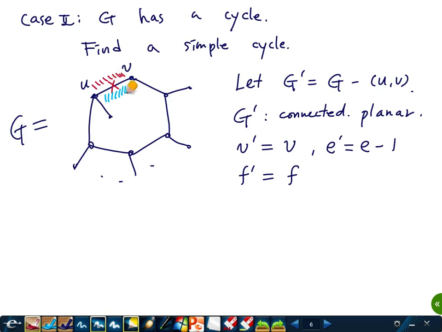They cannot be the same face because this is enclosed by a cycle. But if you remove this edge, then these two faces will merge into one face. That means we lose one face. Okay? Is this okay?